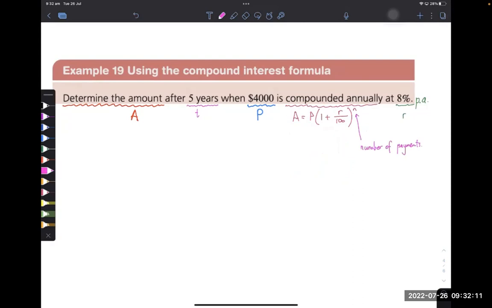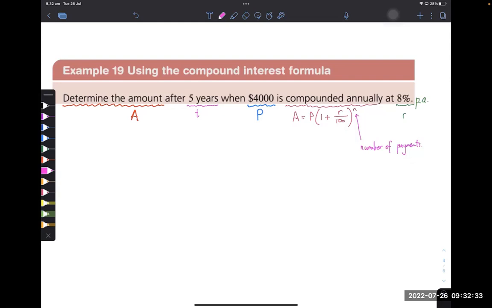So how many times does it compound every year? It says compounded annually, right? Yearly. So how many times does it compound every year? Just once, yeah? And how many years are we doing it for? 5.